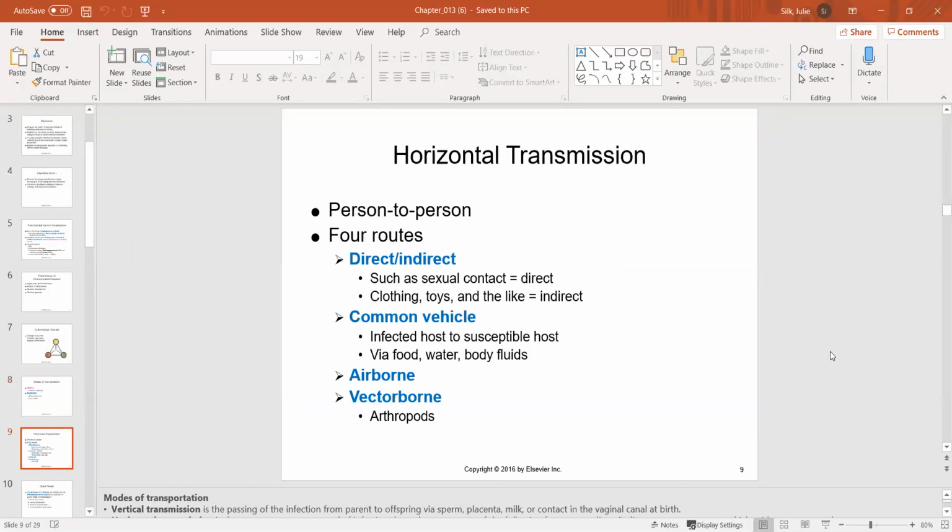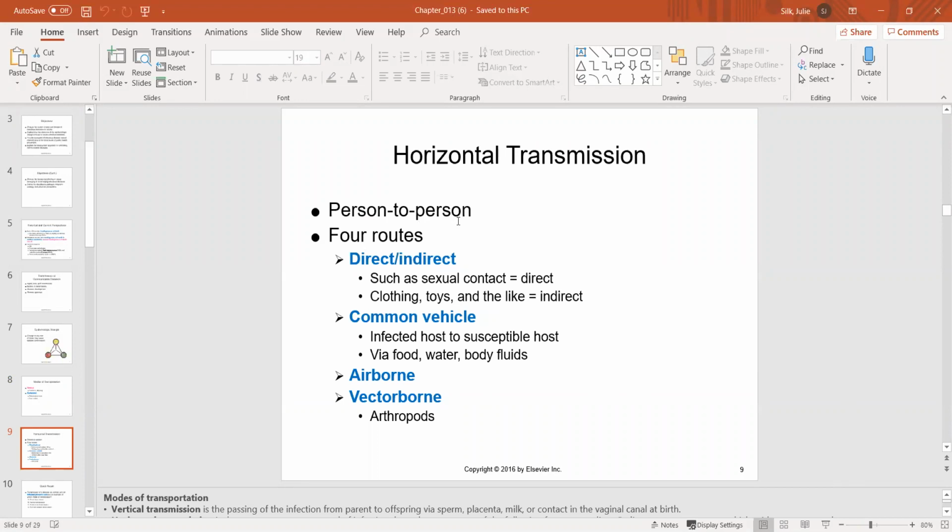Okay, so when we talk about this horizontal transmission, you can pass something from person to person. And typically, when someone's sick with something, a lot of times it's contact.